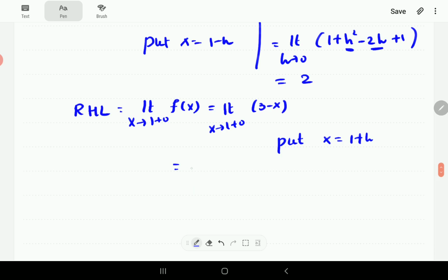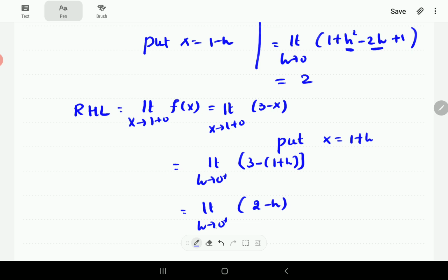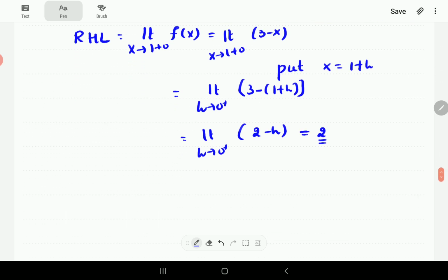This becomes limit as h tends to 0 of 3 minus 1 plus h, which is 2 minus h. As h tends to 0, it is 2.